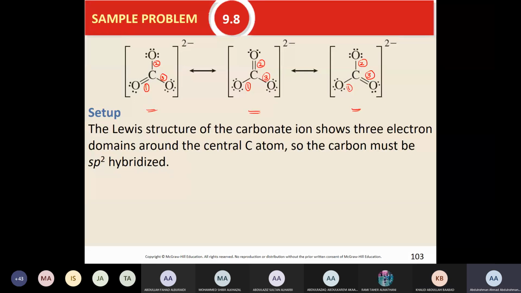It's the same compound, but now they are using a word called delocalization.